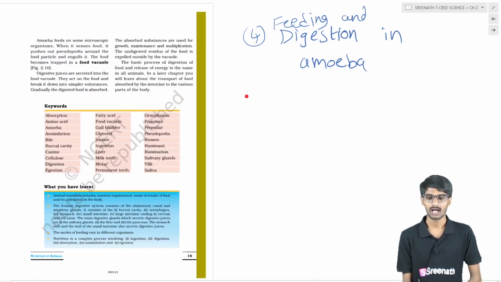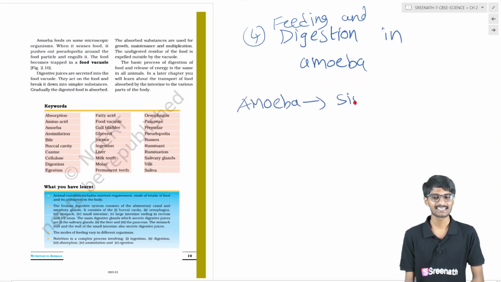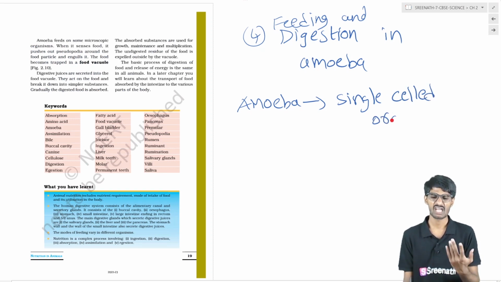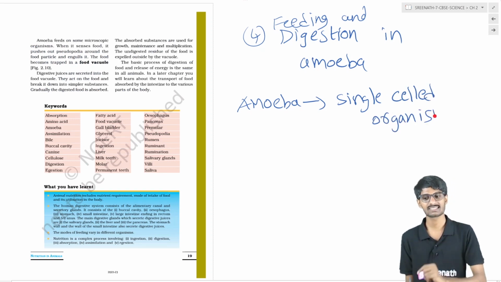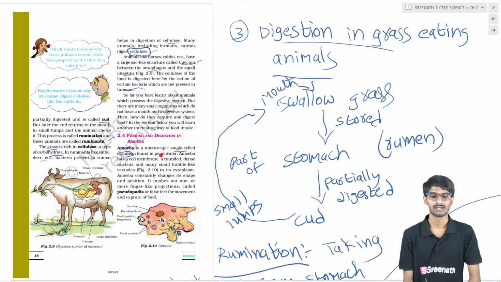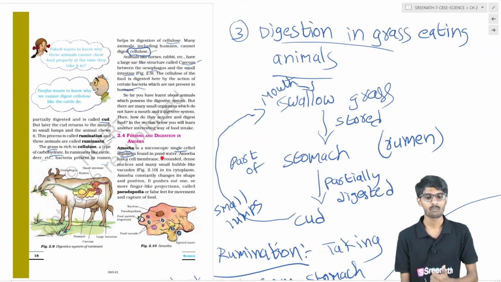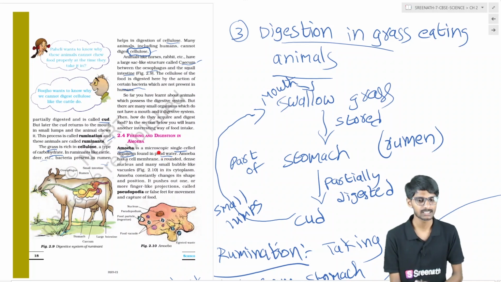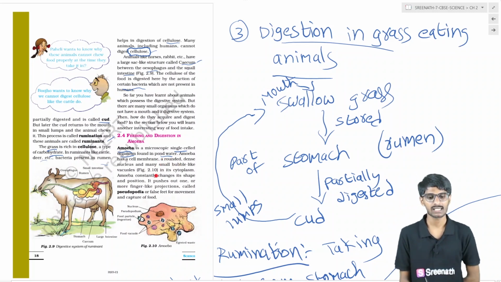Amoeba is a single-celled organism, having just one and only one cell, found in pond water. You will see this amoeba in pond water, and its image is like this. It has the cell membrane and a rounded dense nucleus.